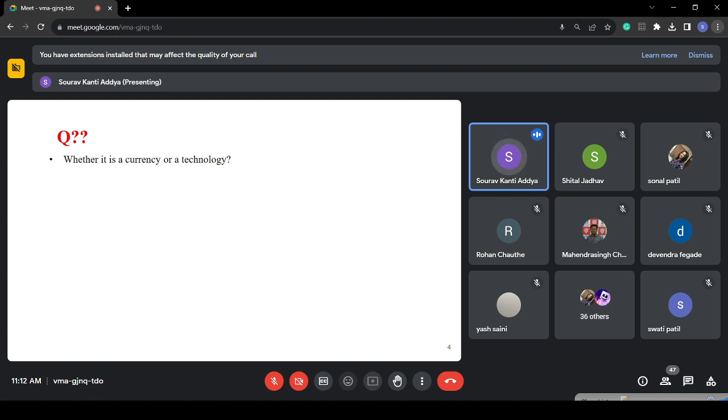If anybody has an answer, please unmute yourself and tell me your thoughts on this question. Or more precisely, is Bitcoin equal to blockchain? If you have any answer or thought, please unmute yourself and tell. Are both terms synonyms of each other, or is one a subset of the other?